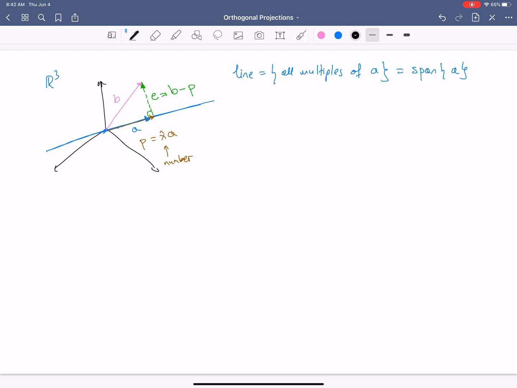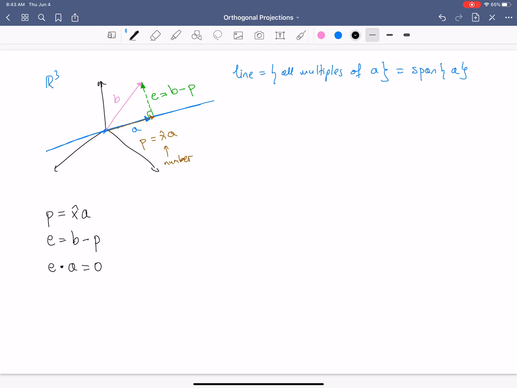So we know that P is a multiple of A. We know that E is the difference between B and P. And we know that E is orthogonal to A, which means that E dot A is 0.